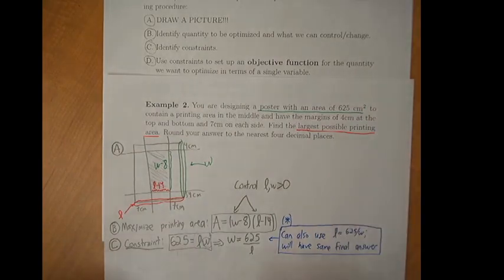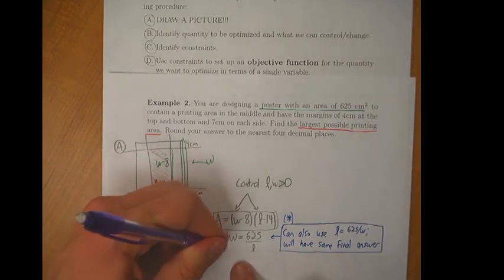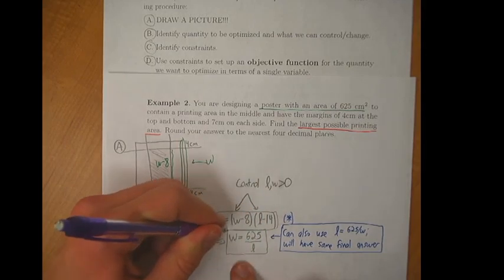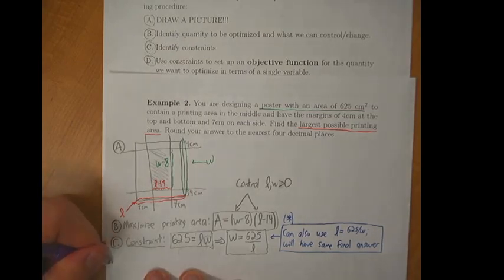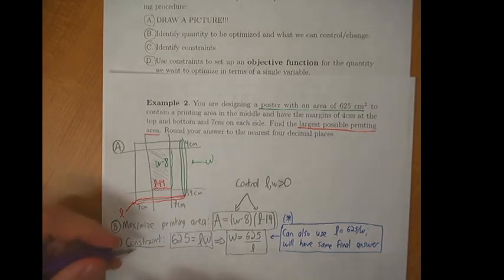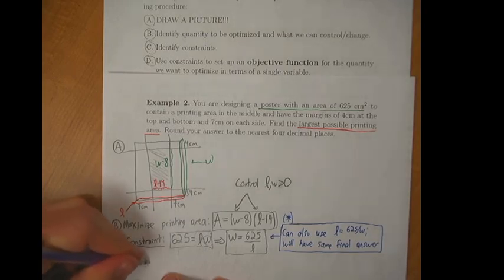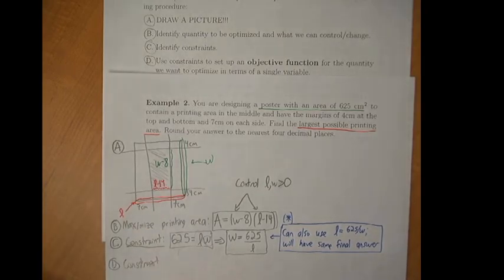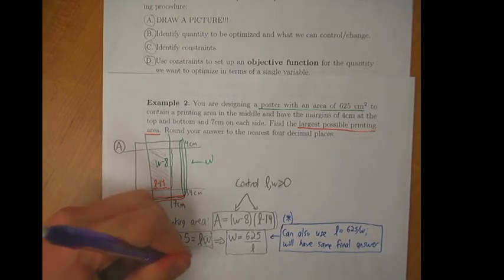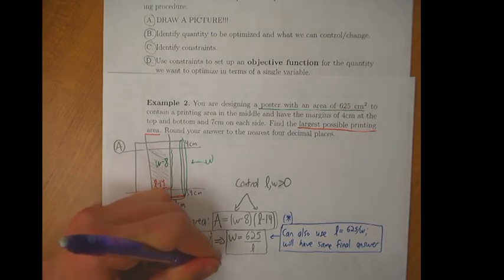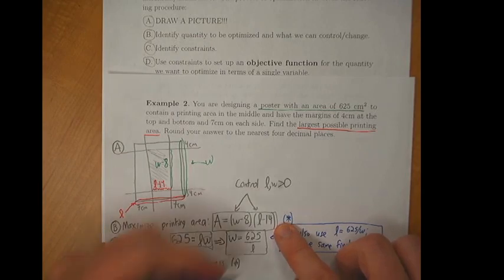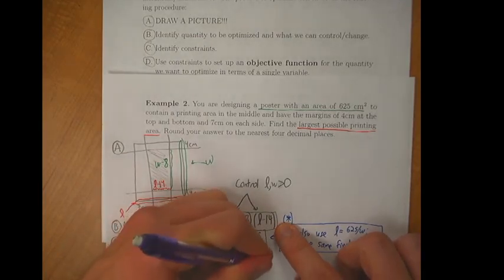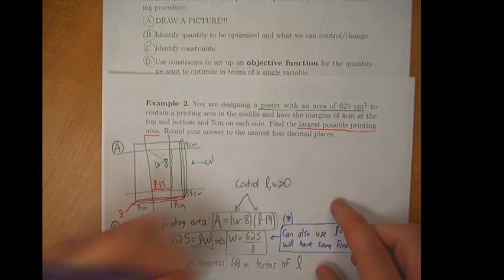But this constraint allows us to express one variable in terms of the other, so the constraint lets us express the asterisk equation above in terms of L.